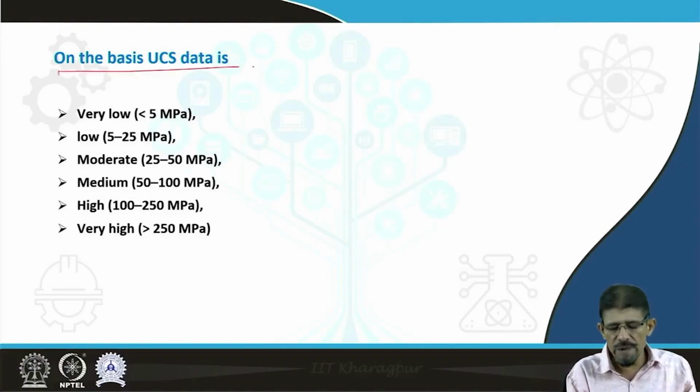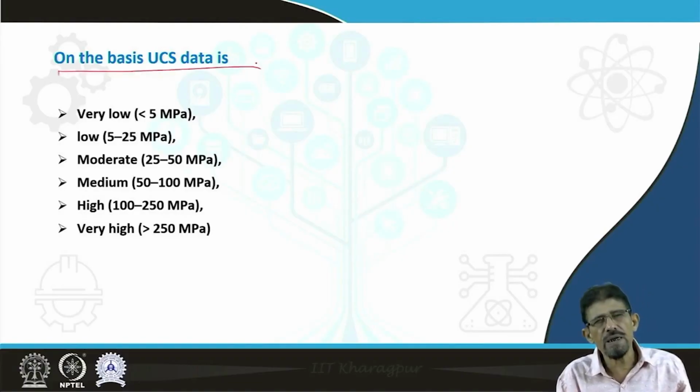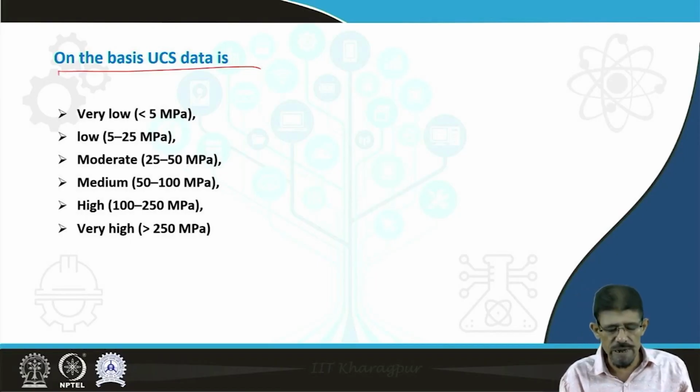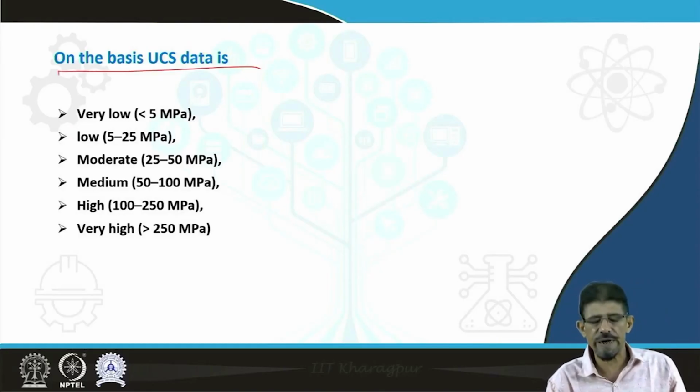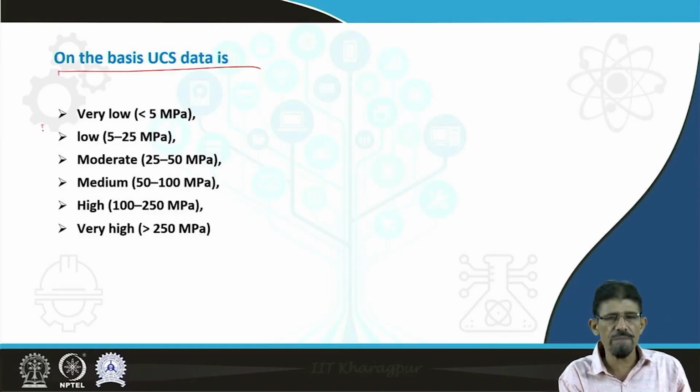On the basis of UCS data determined from destructive or direct tests, on varieties of rocks and a number of samples, we have categorized the strength into 6 categories starting from very low to very high.